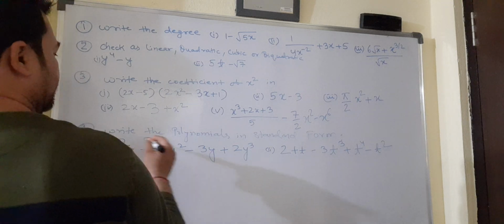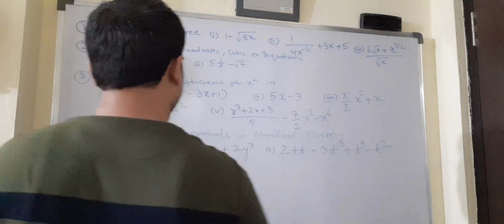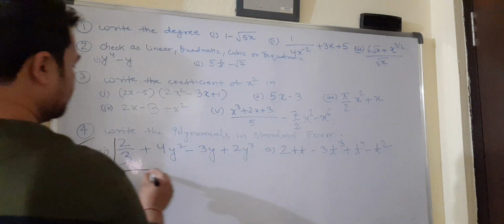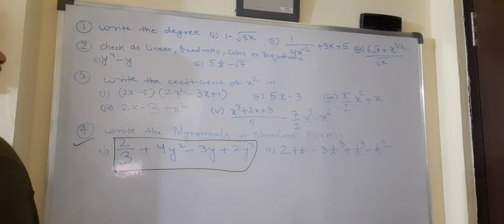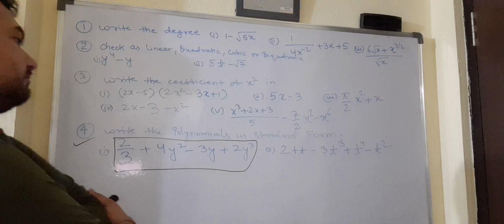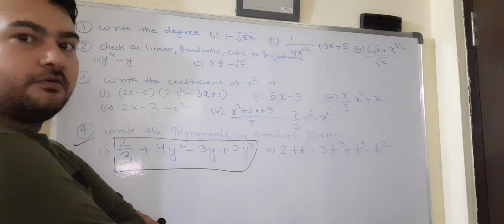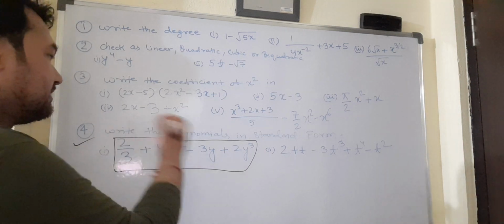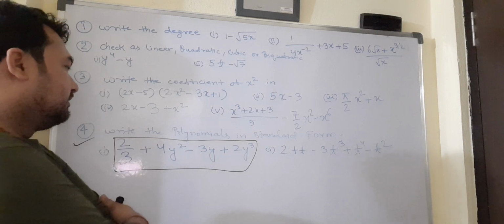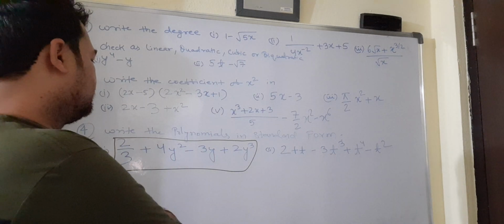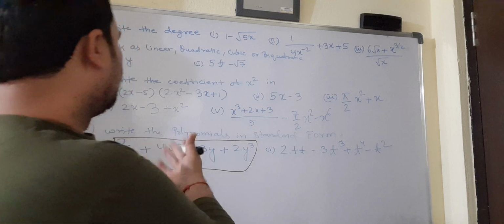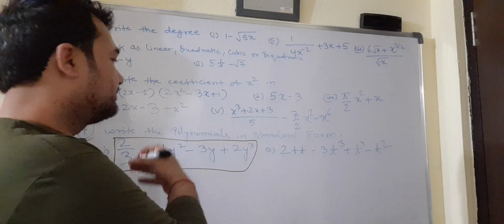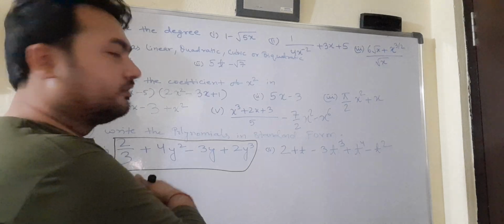The question says write the polynomials in standard form, and the polynomial is this. As you know, a polynomial in standard form means arranging the polynomial in a way such that the powers of the variable are in ascending or descending order.